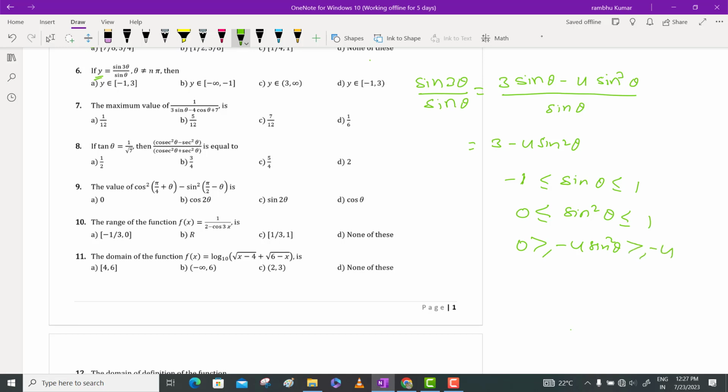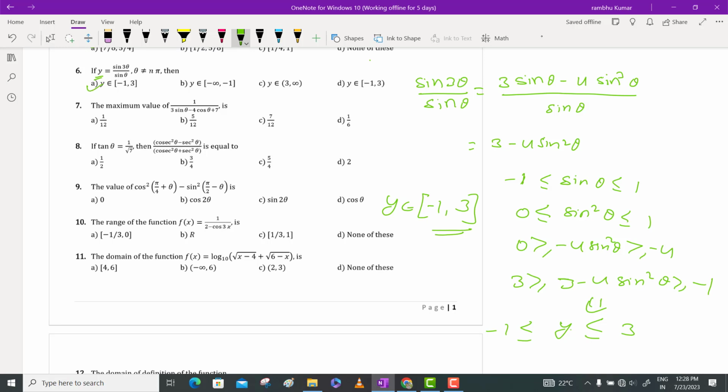Now add plus 3 to all the sides. So we get minus 1 less than equal to 3 minus 4 sin square theta less than equal to 3. So here we can write y belongs to minus 1 and 3. So this is the answer, option A.